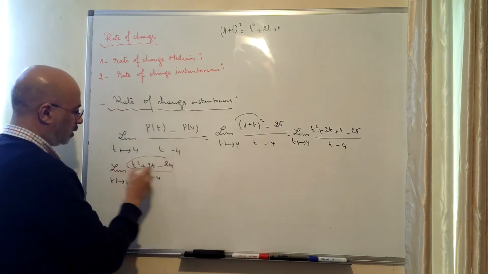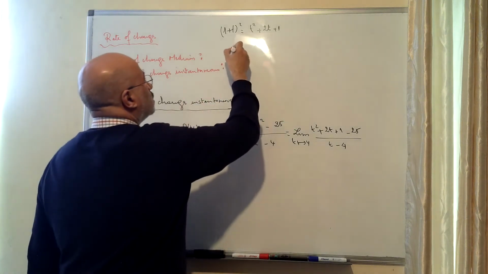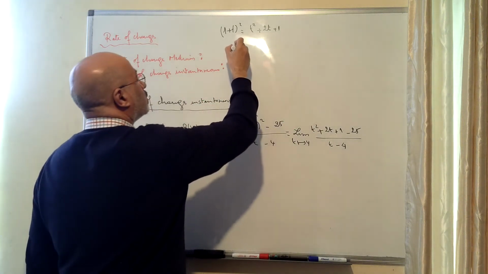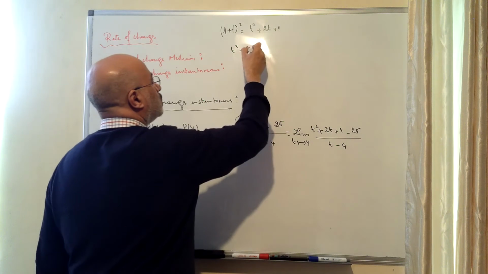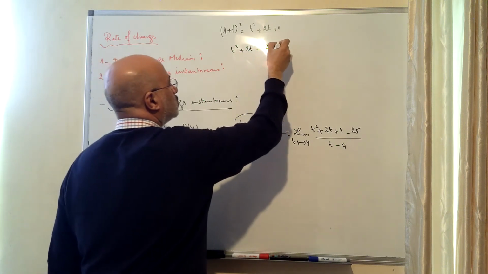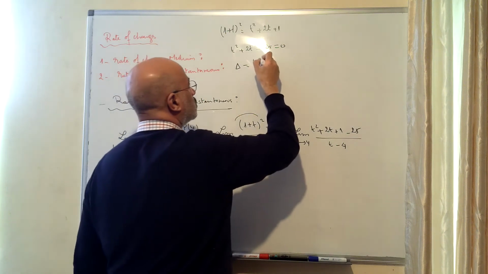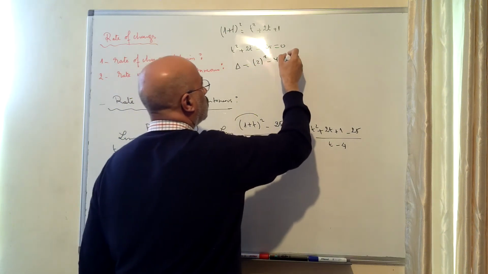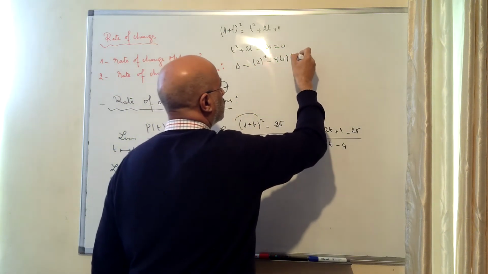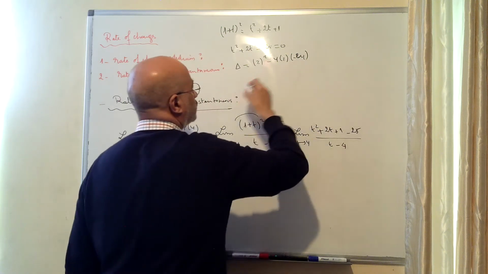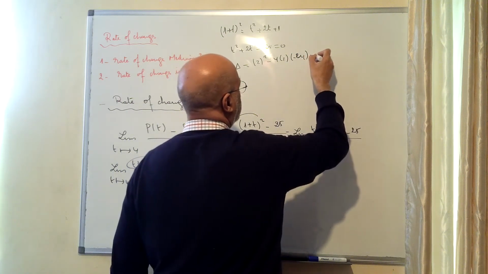Now we take this one, t squared plus 2t minus 24 equals 0. The delta is 2 squared minus 4 times 1 times minus 24, it's 100.